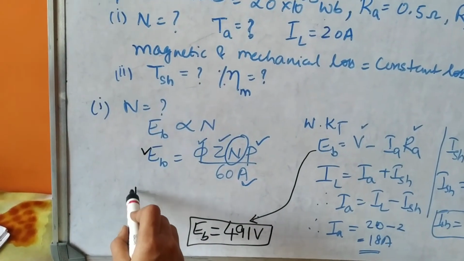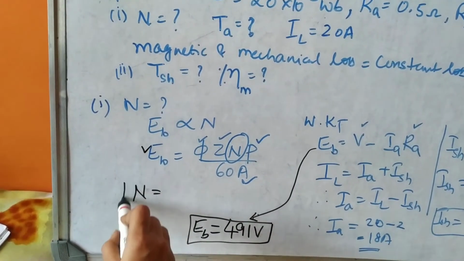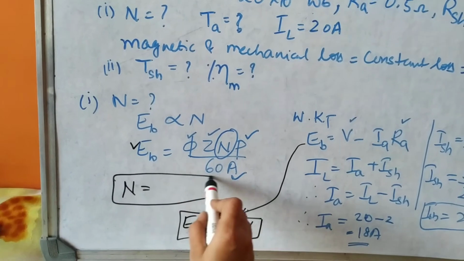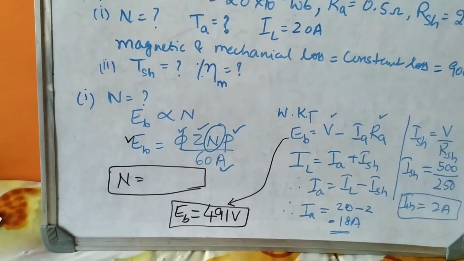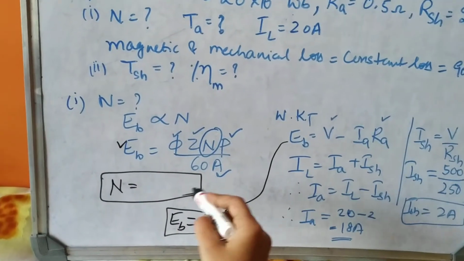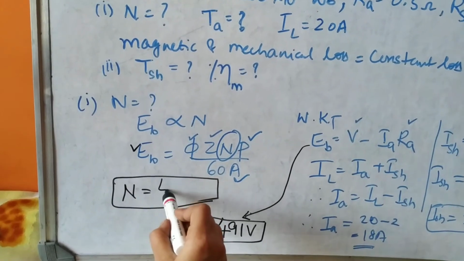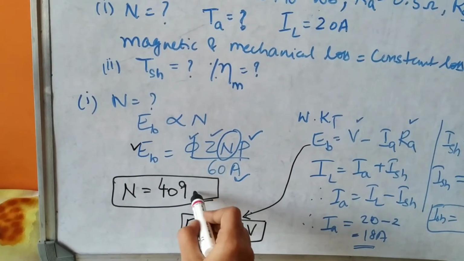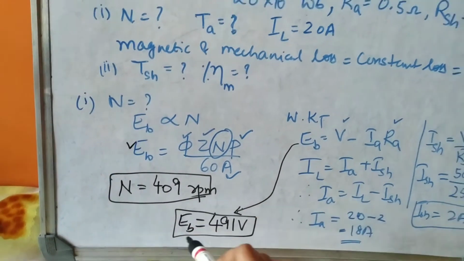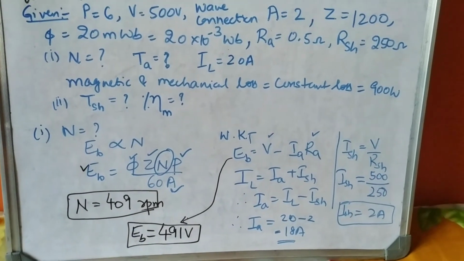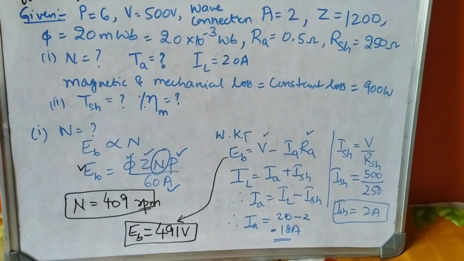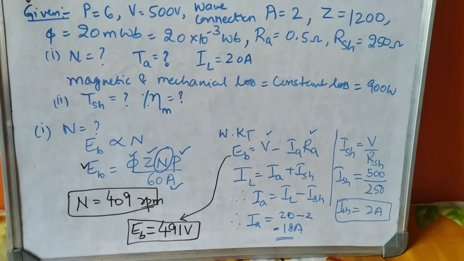Cross verify here: the speed you will get is 409 RPM. So this is about your sub question 1, how to find the speed.